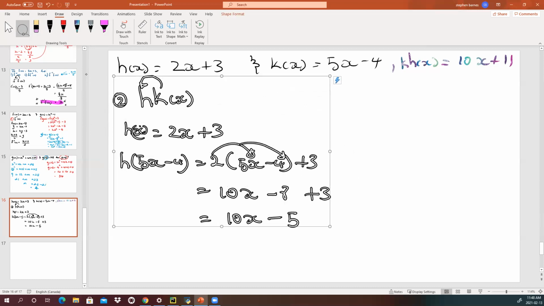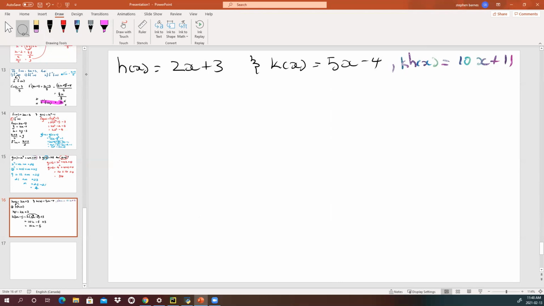All right, so our third question asks for KH of 2 and KH of -1. So remember, we had initially found KH.